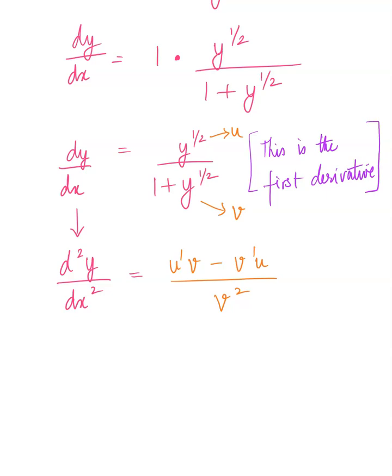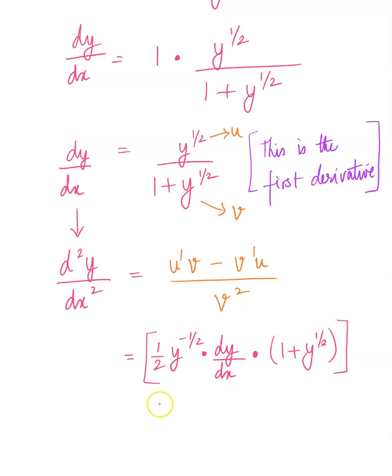And again, I don't want to take too many steps and make it look more complicated than what it is. So let's go ahead and do the u prime. U prime will be half y power negative half times dy over dx. U prime v is 1 plus y power half.